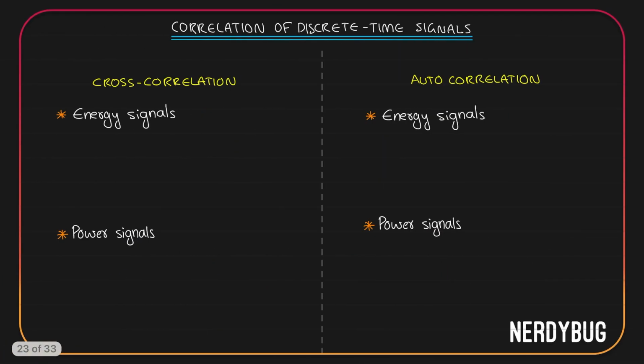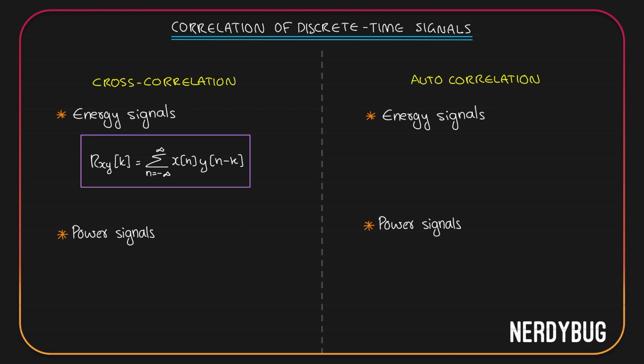Let us now move on to correlation of discrete time signals. Let us take cross correlation first. For energy signals, we can write Rxy of k will be summation of n equals minus infinity to infinity x of n y of n minus k.